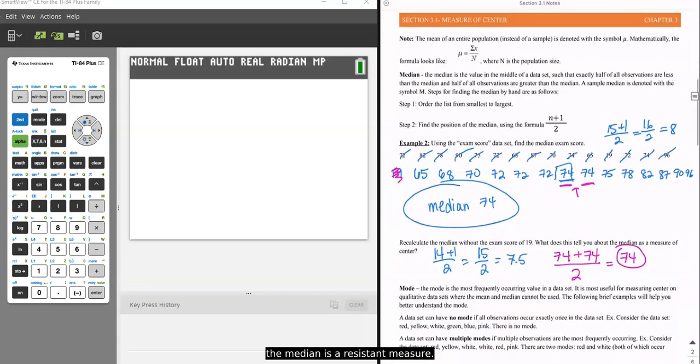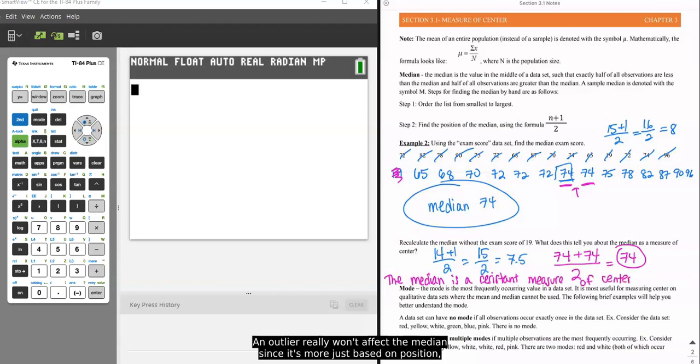The median is a resistant measure of center. An outlier really won't affect the median since it's based on position. We're not including that outlier's value as we did with the mean.